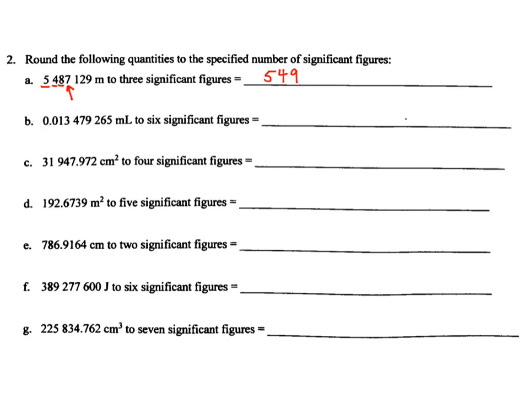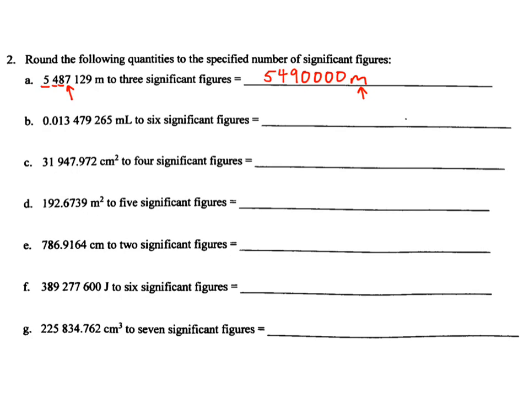So we would have, let's see, 1, 2, 3, 4 more zeros here, and that would give us a number of 5,490,000 meters. And make sure that you write the units. If you don't write the units, you will not get full credit, because the units are a very important part of all scientific measurements.